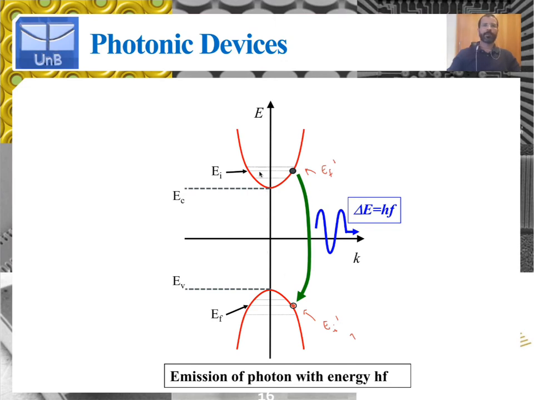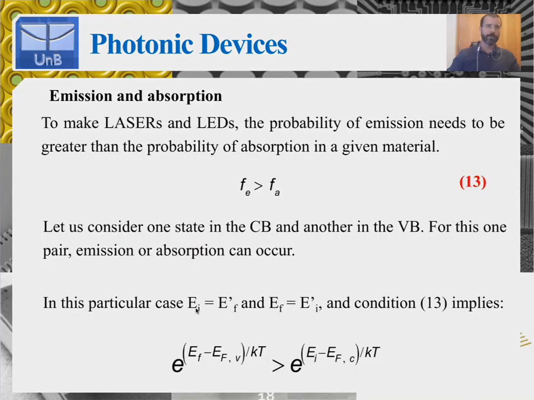And there's a correspondence, since we're choosing the same pair of states, the same pair of levels. EI for emission will be EF for absorption, and EF for emission will be EI, the initial level for absorption. Okay, that's what we're saying here. So EI is equal to EF dash, the final energy level for absorption, and the final energy level for emission is the initial energy level for absorption. So EF is equal to EI dash.